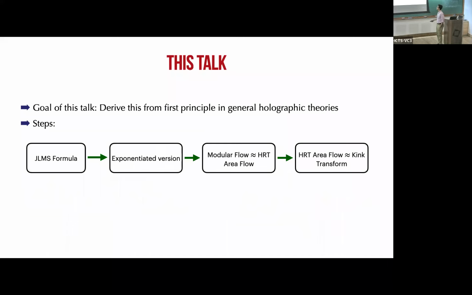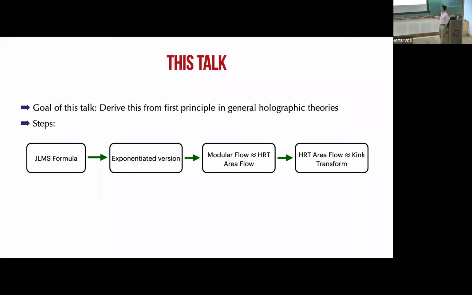All right. So the goal of this talk is going to be to derive this fact starting from first principles. As I told you, what we know about modular flow in holography is from the JLMS formula. So we start with the JLMS formula and we consider some flow. We need to consider an exponentiated version of this JLMS formula.